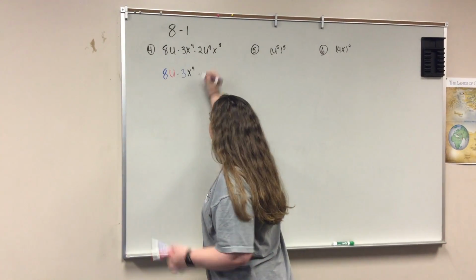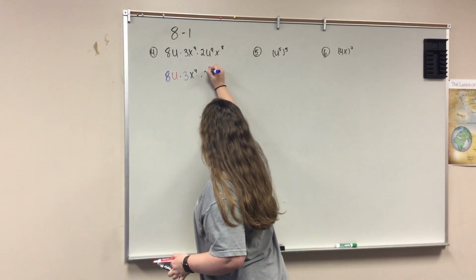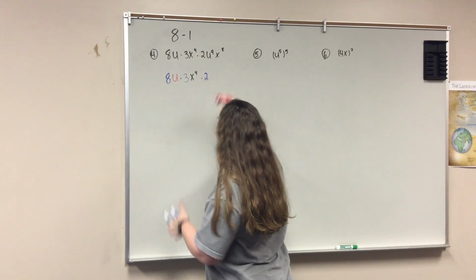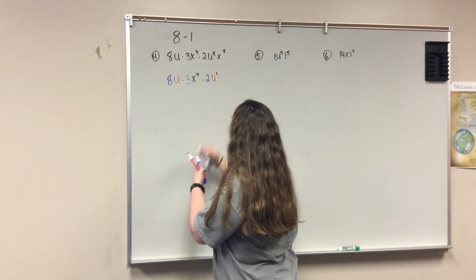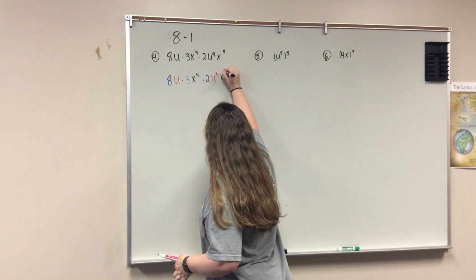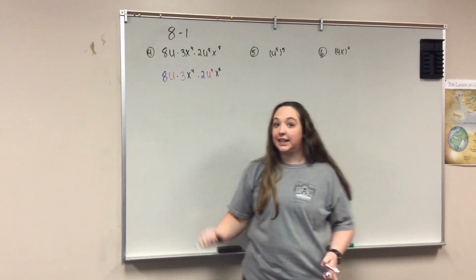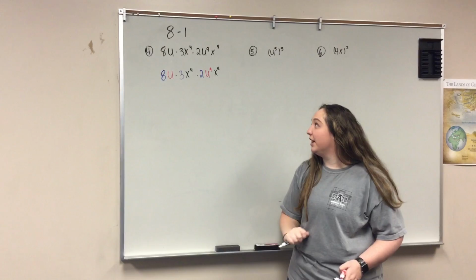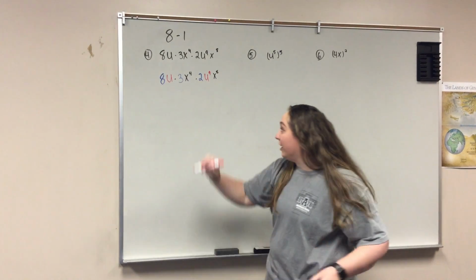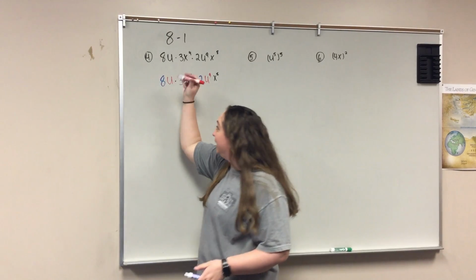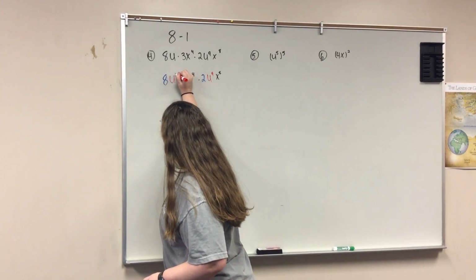So then I'm going to multiply this one, 2u9x8. Okay, and same thing here. I put the u and the 9 in red and the x and the 8 in black because they go together. So over here, 8u, we need to remember that this is an understood 1.